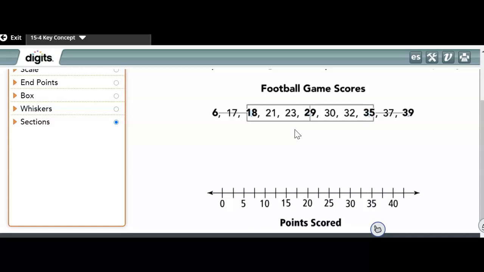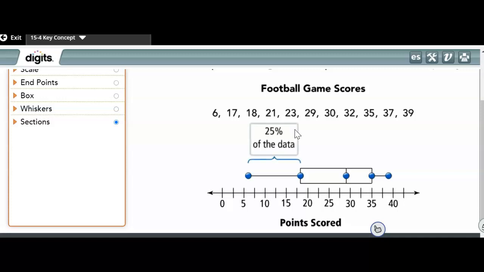The box is around the middle 50% of the scores, and the inner line marks the middle score. The box plot divides the data set into 4 sections. When you align the box plot on the scale, the graph becomes spread out according to the locations of the 5 boundary values. Even though the 4 sections have different lengths on the scale, each section still represents 25% of the data.